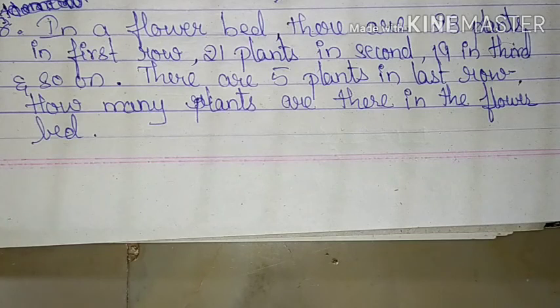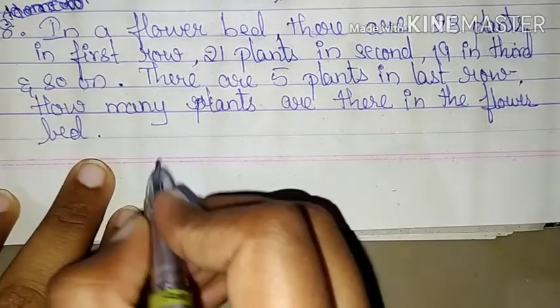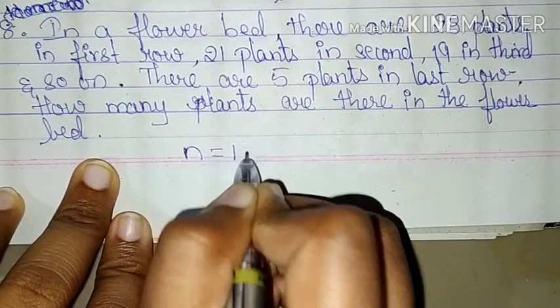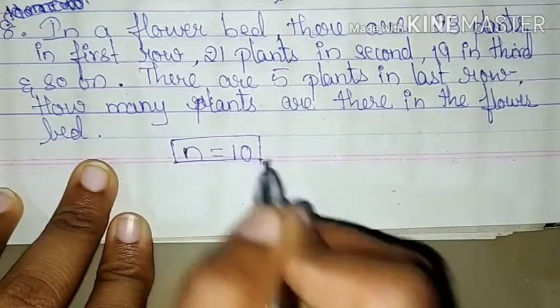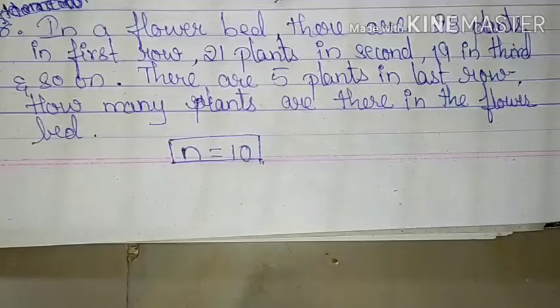They have given you A, D, an, and they have asked you to calculate n. So pause the video and calculate the value of n, and it should be equal to 10. You can pause the video, calculate and verify your answer, which should be equal to 10.